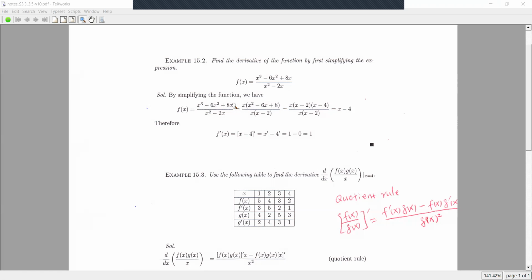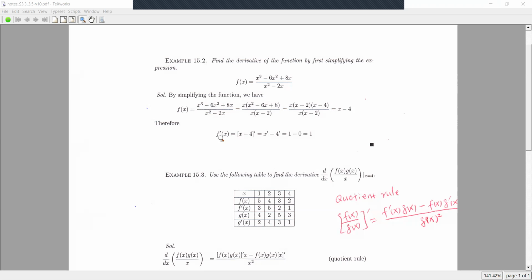Then we have this equation. Factor the polynomial x squared minus 6x plus 8. Then we have this equation. Cancel x minus 2. Then we have x minus 4. This function turns out to be simple. It is x minus 4.